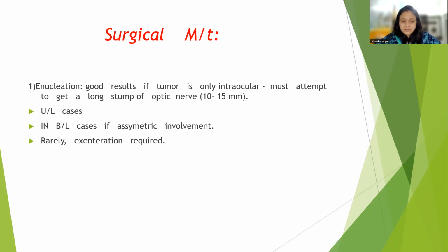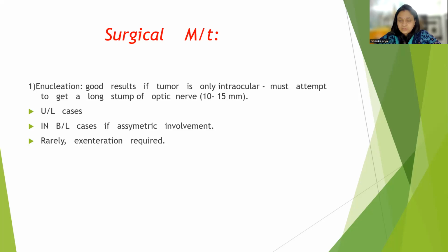To preserve the condition of the face, or the orbital structure of the orbital cavity, it is better to do the enucleation. Enucleation will be done only if the retinoblastoma is intraocular, and if there is no distant metastasis.